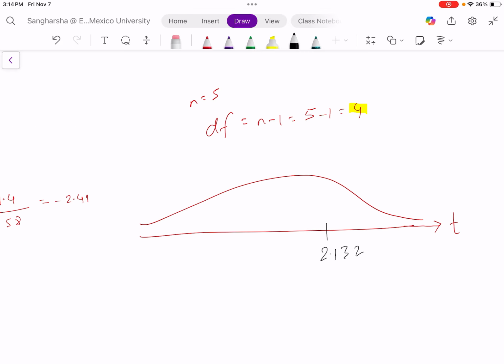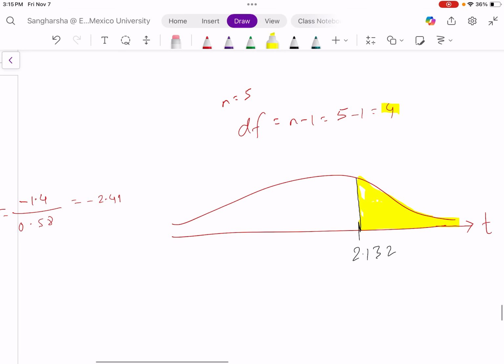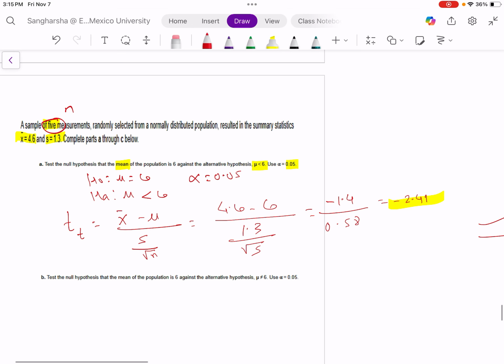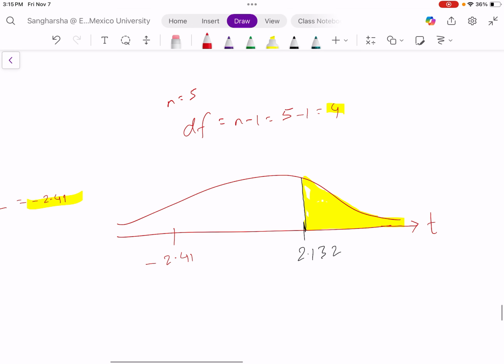If our test statistic is greater than 2.132, then we reject our null hypothesis. Now what did we calculate as our test statistic? Negative 2.41, which is over here. This is the test statistic, and it is not in the rejection region.